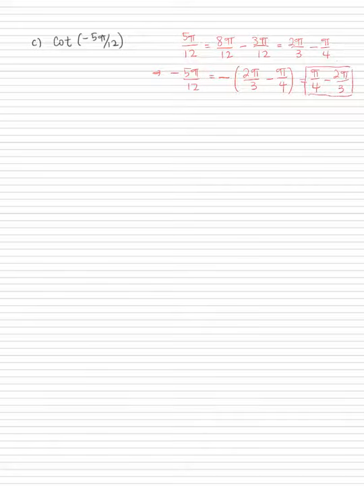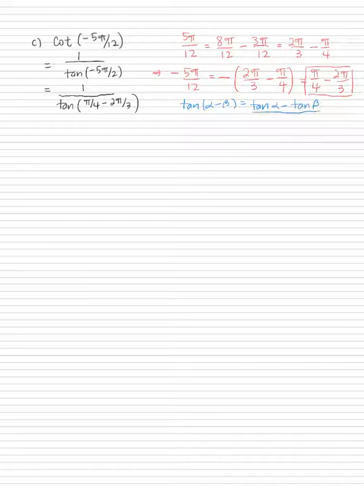Okay, so let's take a look. So first, cotangent is 1 over tangent. Okay, but this is the same thing as 1 over tangent of pi over 4 minus 2 pi over 3. Okay, so now we're looking at the formula tangent of alpha minus beta, which is tan of alpha minus tan of beta all over 1 plus tan alpha tan beta.